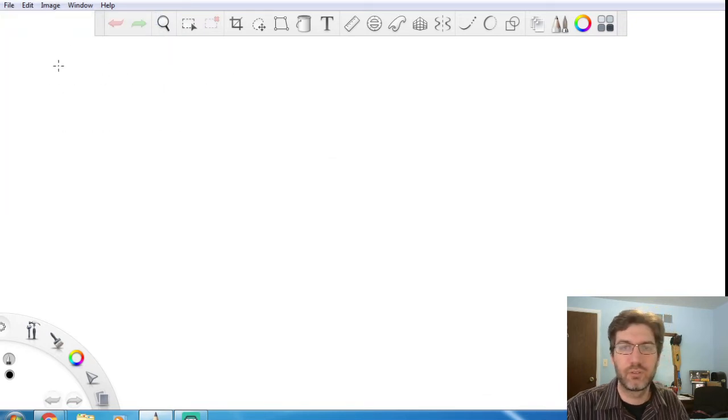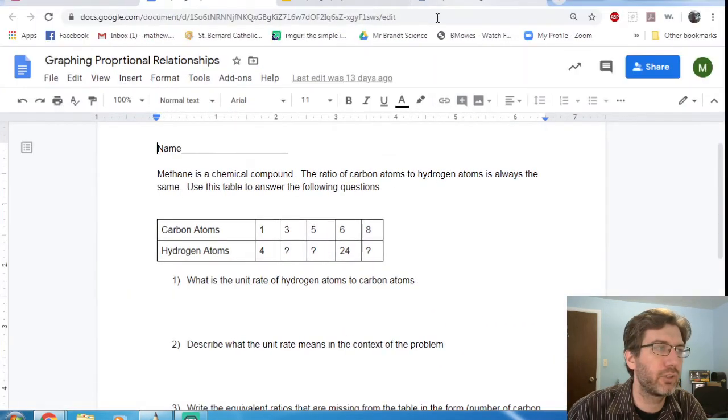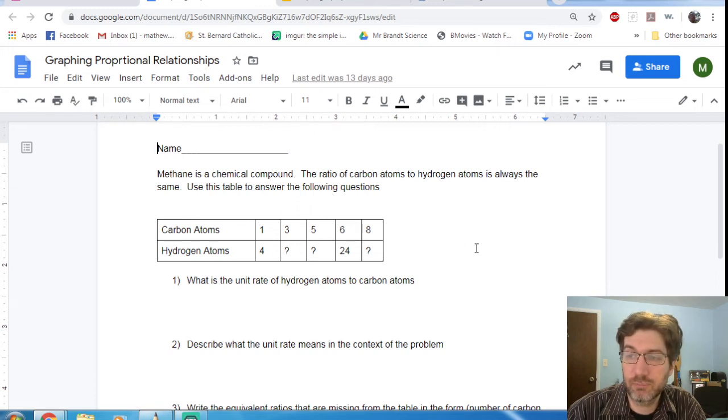That too. So the worksheet, if you're following the worksheet, it's in your Google Classroom. It looks like this. It says methane is a chemical compound, and the ratio of carbon atoms to hydrogen atoms is always the same. And we're going to use this table to answer the following questions. So here, our ratio of carbon atoms to hydrogen atoms is any one of these ratios you want, because it's always the same.